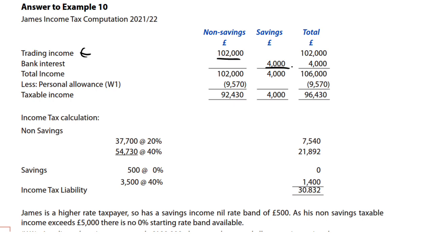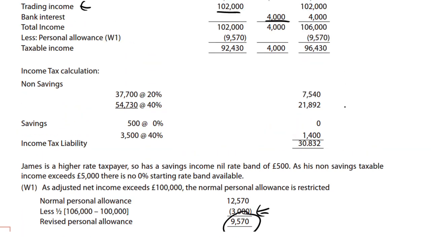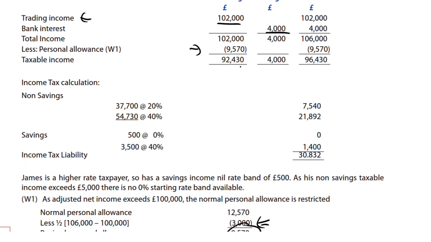And because that exceeds the 100,000 income limit by £6,000, we had this £3,000 deduction here, bringing us down to a revised personal allowance of 9,570. Take it away, as we always do, firstly from our non-savings, and usually it is only from non-savings, because usually the non-savings income is bigger than the personal allowance. Get your taxable income figures.